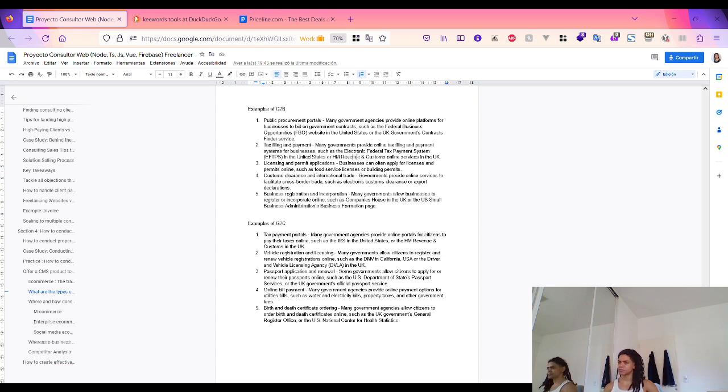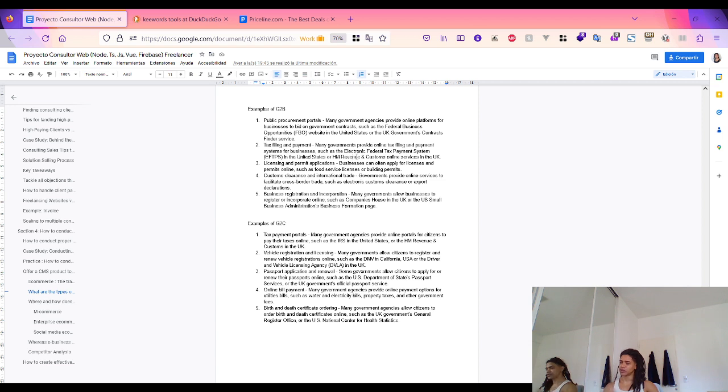Customs clearance and international trade: government provides online services to facilitate cross-border trade, such as electronic customs clearance or export declaration.